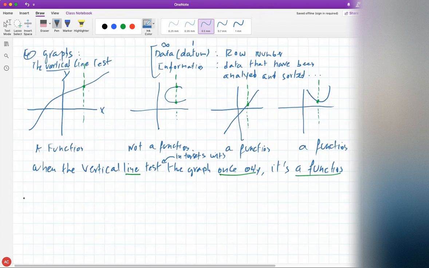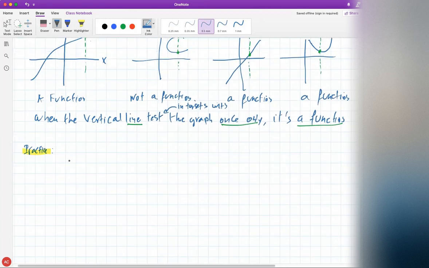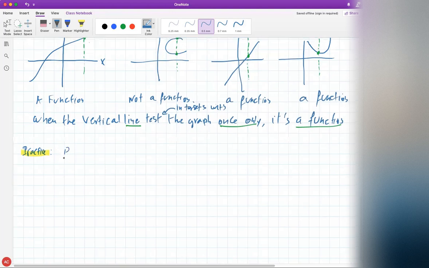Practice: determine whether the following, whether it's a table or whatever, is a function or not.